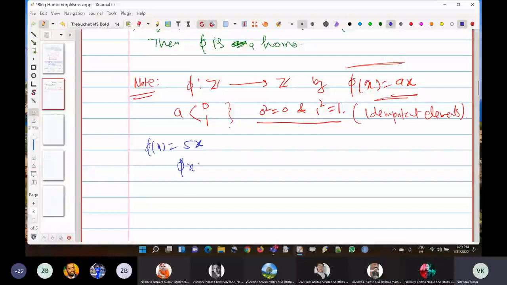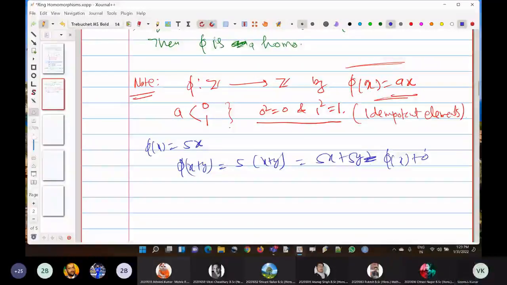So phi of x plus y, how can we write? This is phi of x plus phi of y, so this is satisfied. And what about if we take a product of these two?